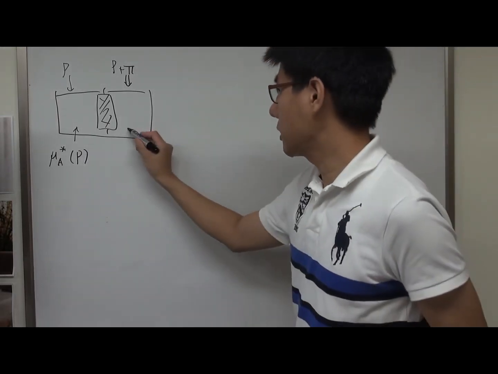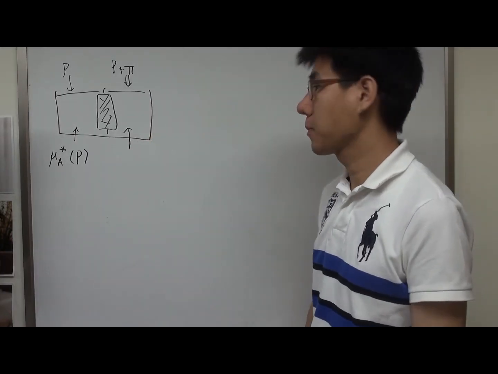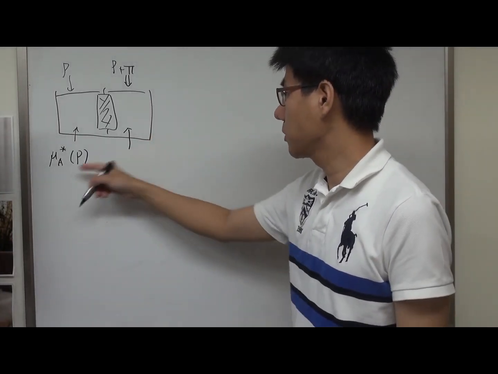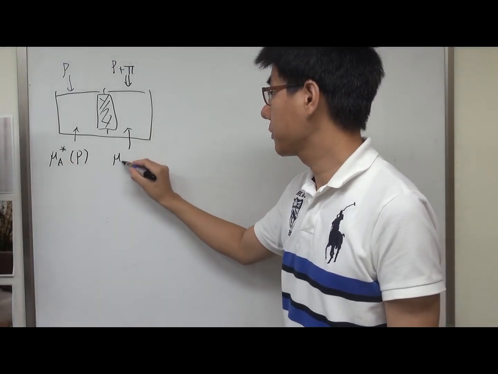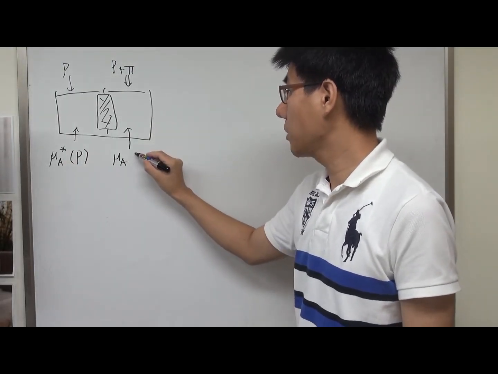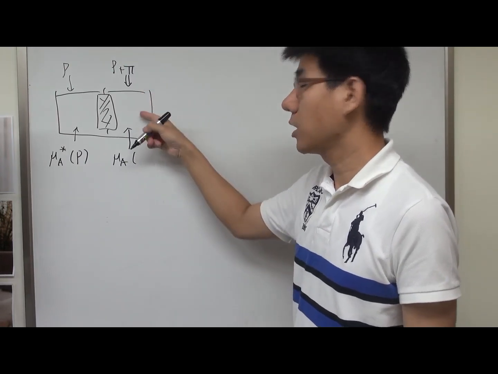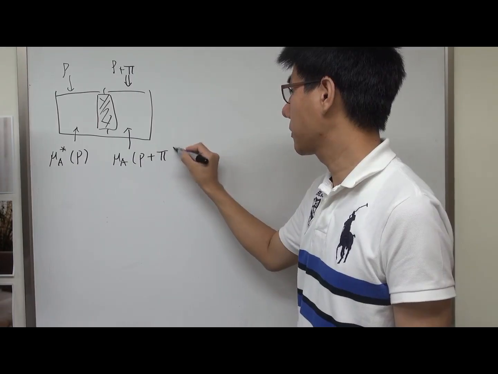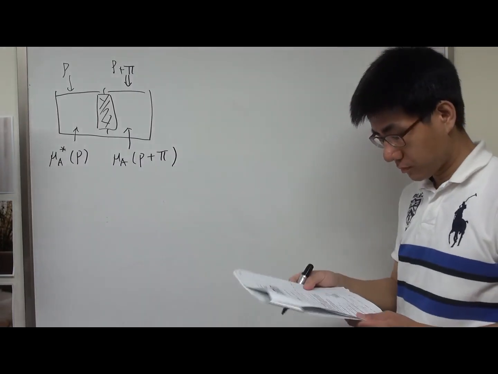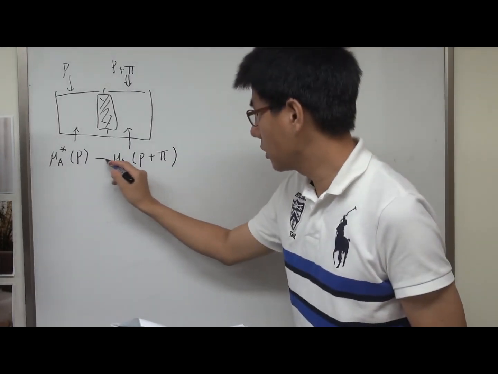How about on the right side? For the solution, the chemical potential of A will be mu A, but the pressure applied in this solution will be P plus pi. So these two should be the same.